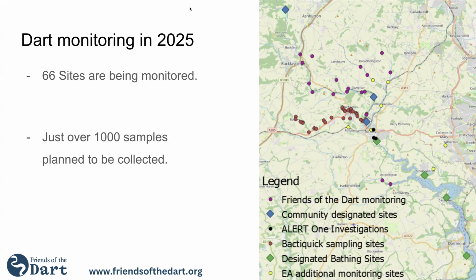So they've got wider sampling, and that data informed us on where we're starting to target our investigations. They've got a very widespread data set, and it's been very useful to not only confirm our findings but also allow us to plan where we want to investigate further.